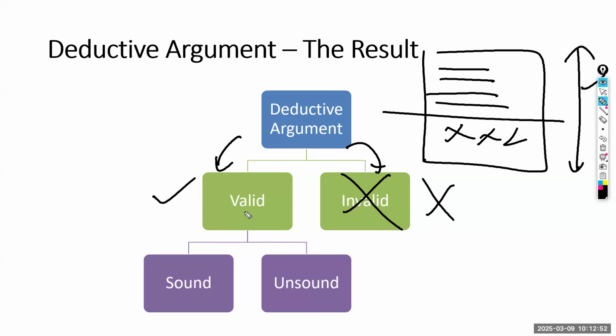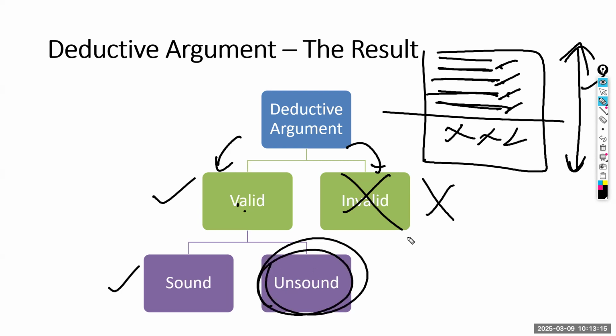Now, if it is a valid argument, you need to check whether the assumptions are correct. If each and every one of these assumptions is correct, and it is valid, we say it's a sound argument. But there can be a situation where it's logically valid, but the assumptions are not correct. Then we say it's an unsound argument. Unsound arguments are pretty much useless because your assumptions are wrong.